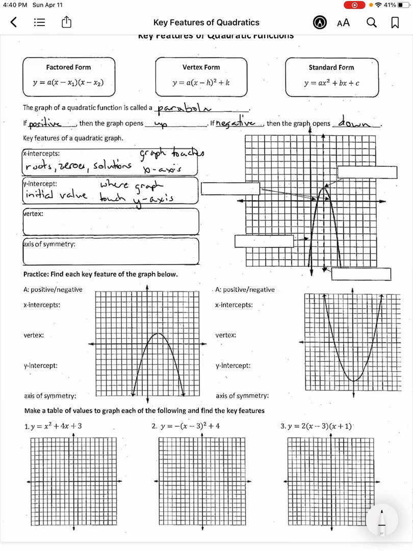All right, remember the vertex. The vertex is the very center of the parabola. It's part of what splits that parabola into symmetrical parts. So the vertex is either a maximum or a minimum.